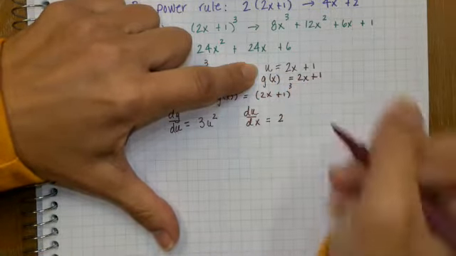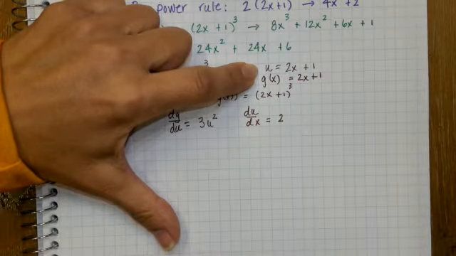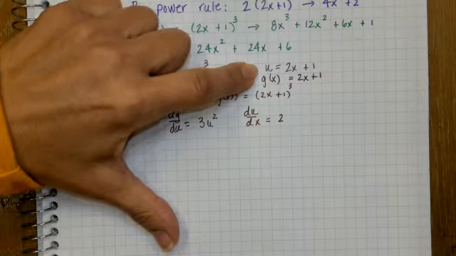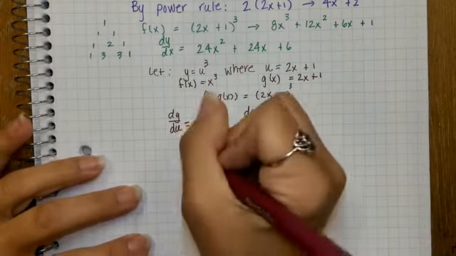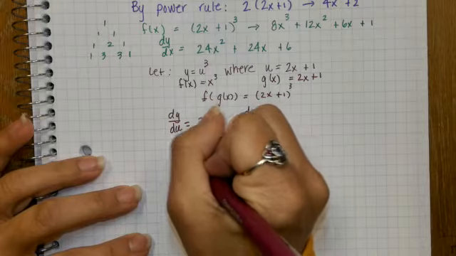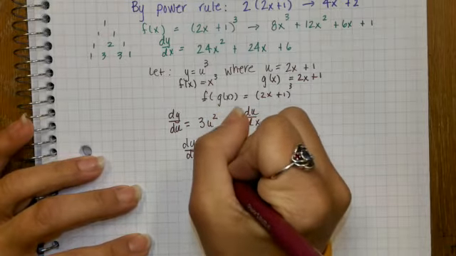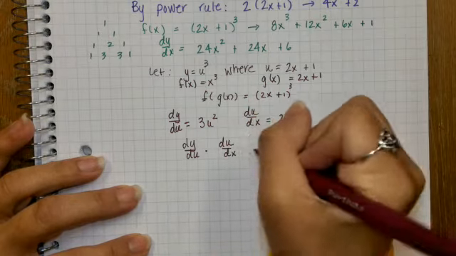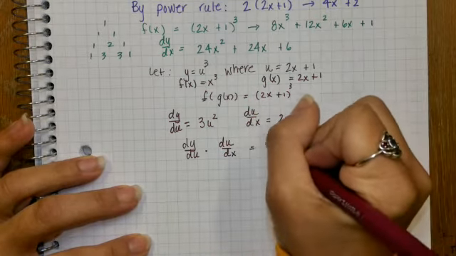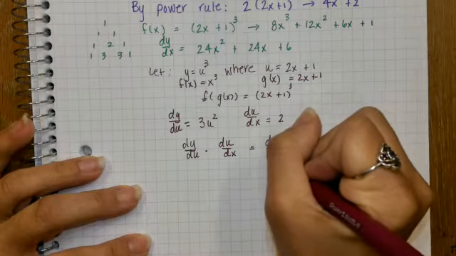And I believe that's going to be 2 by the power rule. Well, if I multiply dy du times du dx, last I checked, that is dy dx.